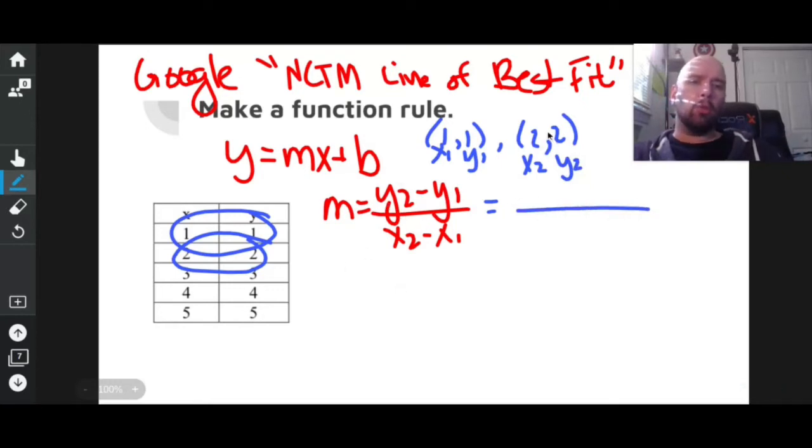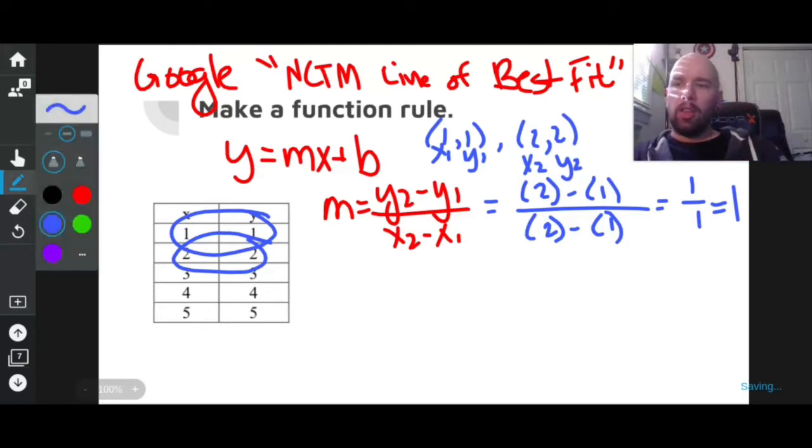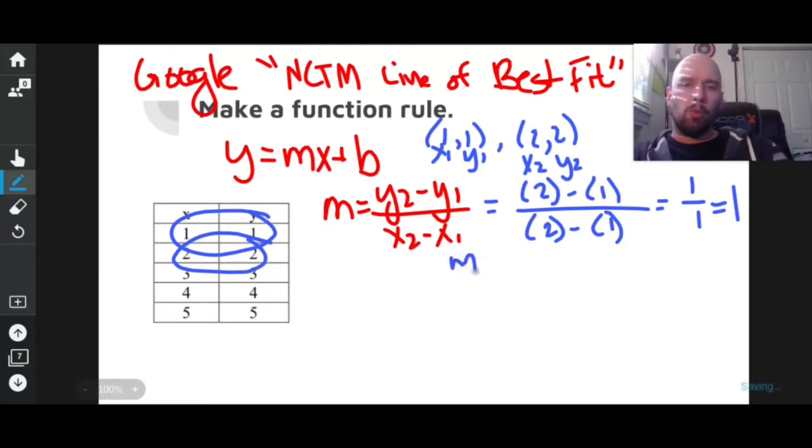Y sub 2 is 2 minus y sub 1 is 1. X sub 2 is 2, again, minus x sub 1 is 1. 2 minus 1 is 1. 2 minus 1 is 1. 1 divided by 1 is 1. So my slope is m equals 1.